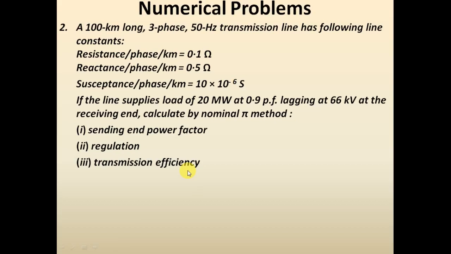That is in the case of a single phase system. Here we are dealing with a three-phase system. Therefore, the sending end power can be determined by using the standard relation 3 into Vs Is cos phi s, where Vs and Is indicate the phase values. Do this problem by yourself and send me the answers.